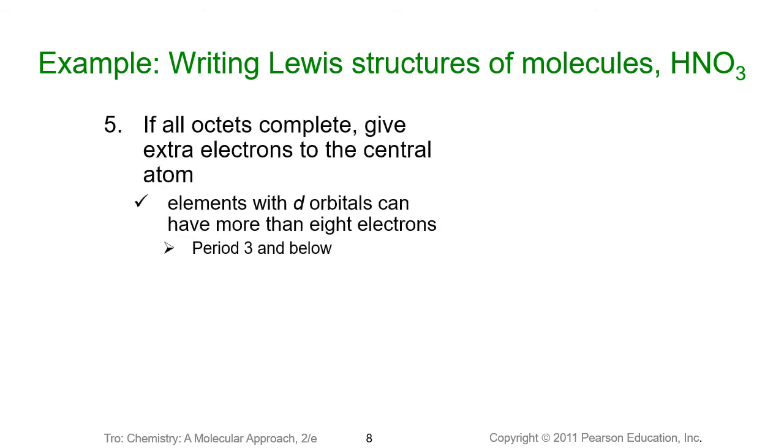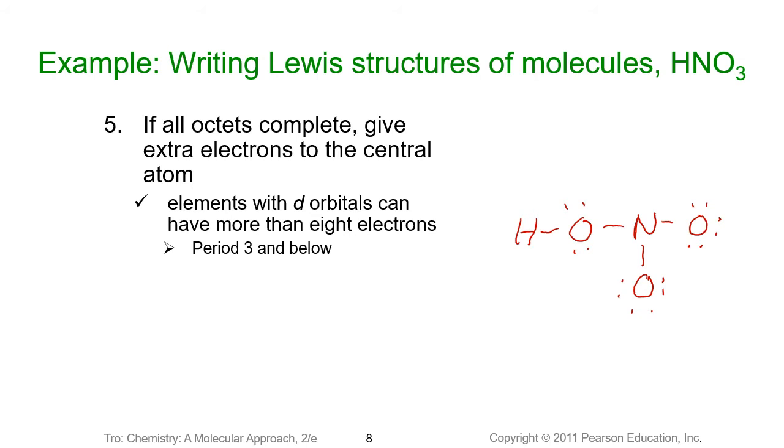So if we examine our structure, we can see that our outside elements are completely filled. We've used all of our electrons, so we have no more that we can use. We want to make sure that we have all of our octets completed.